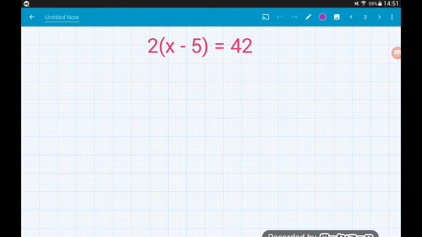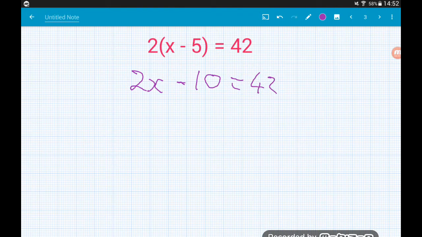Okay, next example. 2 lots of x minus 5 equals 42. So again we need to expand the bracket and then solve. So 2 times x is going to give us 2x. 2 times minus 5 is going to give us minus 10, and then on the right we've got 42.